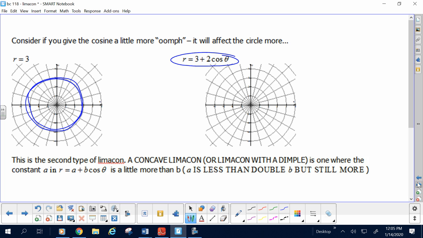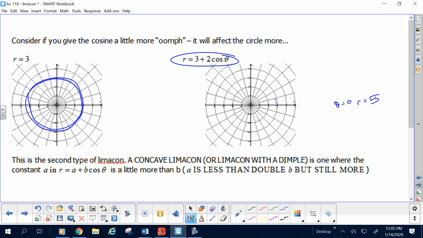Now instead of just adding a cosine to it, we're going to add a 2 cosine to it, and so it'll affect the circle even more. At theta equals 0, what's r? What's cosine at 0? 1, and therefore r is 3 plus 2 times 1, or 5.